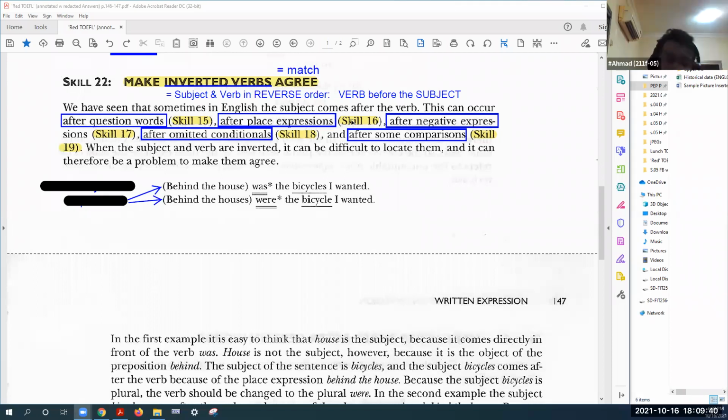If after the place expression there is a comma, after that we switch verb and subject, or we have keywords like there, here, everywhere. So you've got 3 keywords. Here, there, nowhere. And the comma in this skill is not important. Don't look at the comma in this skill.